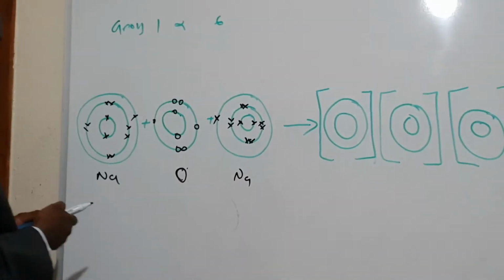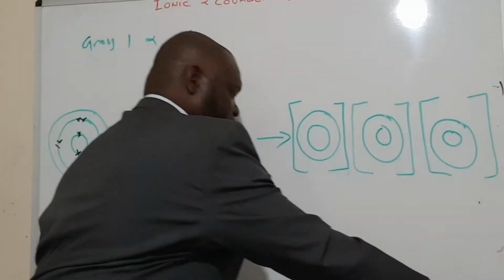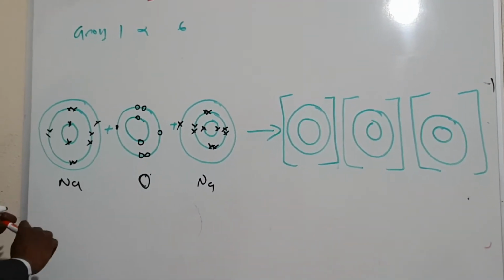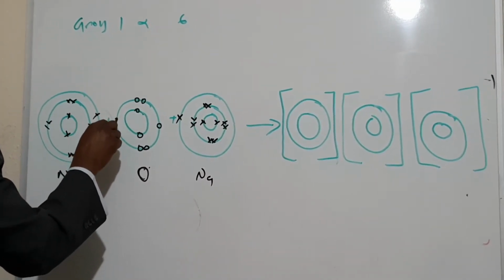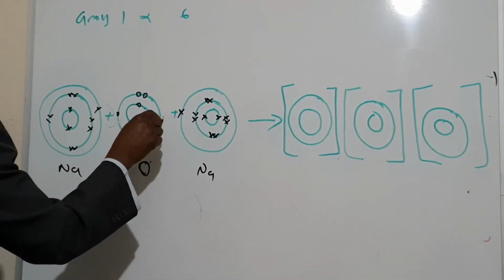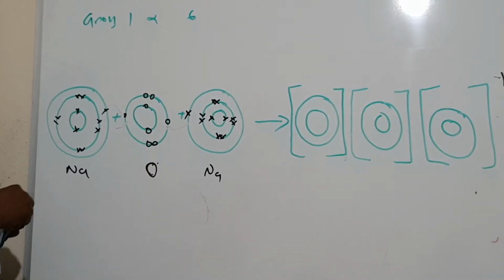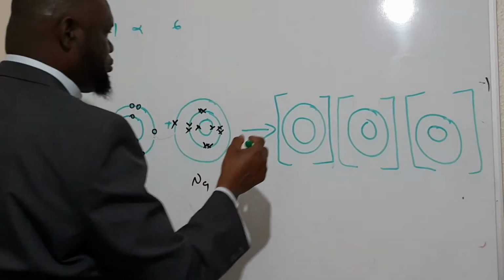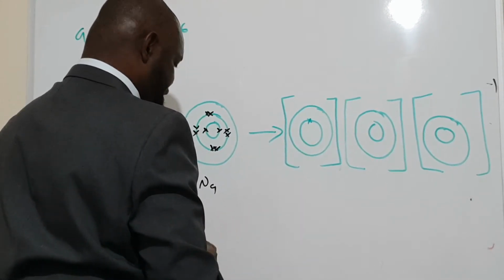Now what will happen is, oh, I have a red pen and write. This sodium, we donate electron here. This one we donate electron here. Let's finish this quickly. Okay. Now if it does, okay, sodium will be left with 2,8 in it.